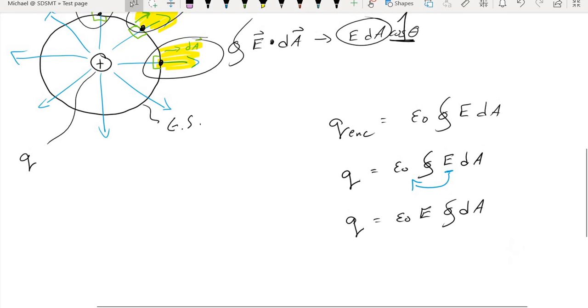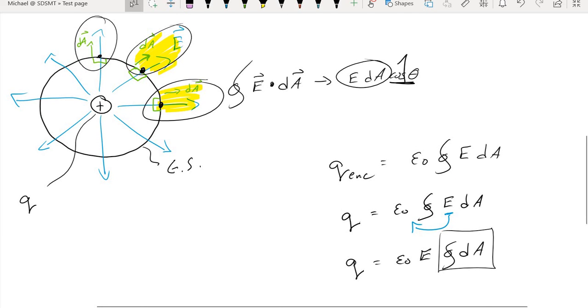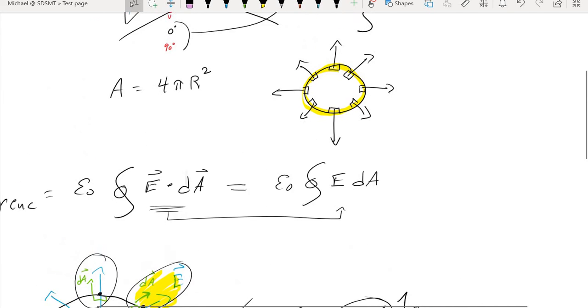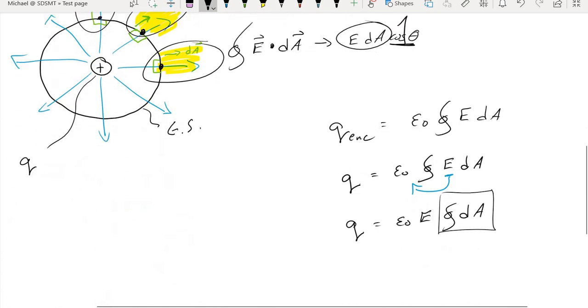And now the last thing that we have to do is integrate about the surface of a sphere. Well, no problem, because we already looked that up. We can Google that, or we can go into the appendix of our book, but the surface area of a sphere of radius r is just 4 pi r squared.